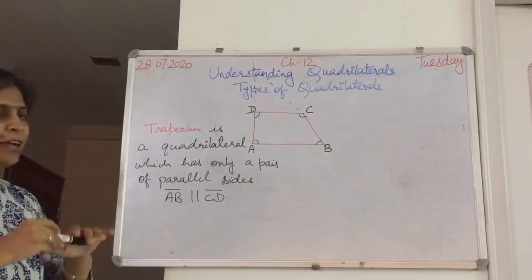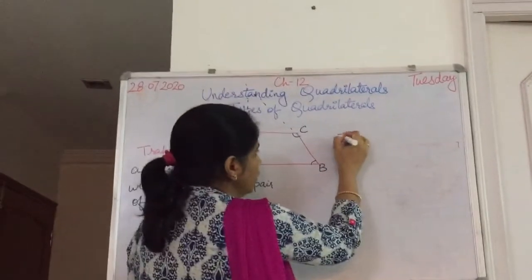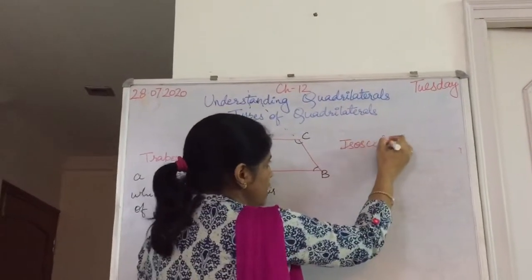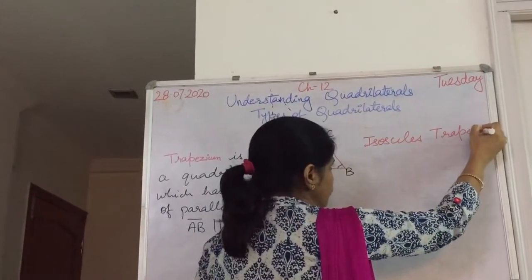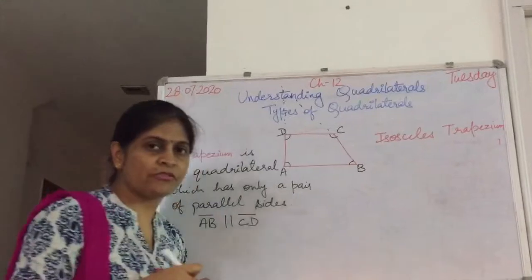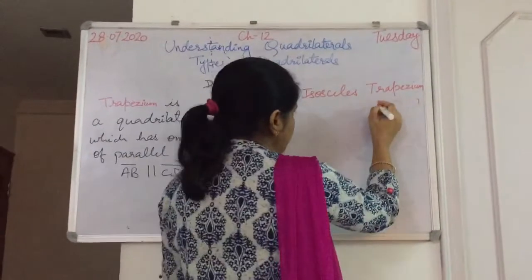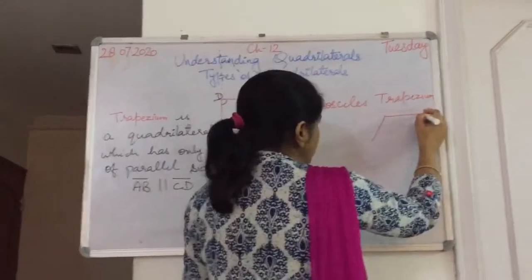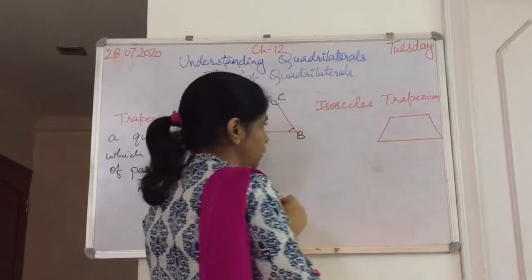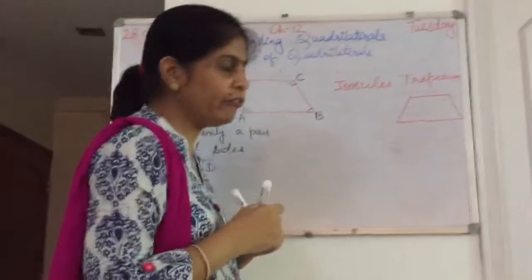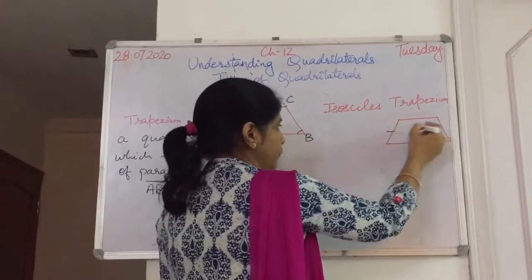Now there is one more type of trapezium which we call isosceles trapezium. So what is isosceles trapezium? Isosceles trapezium is that type of trapezium in which one pair is parallel and the other pair is equal.